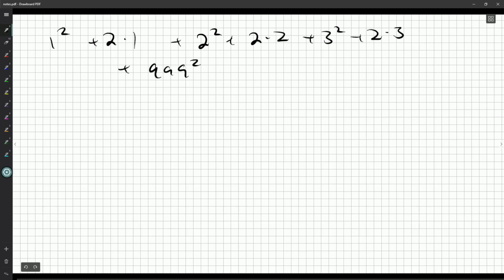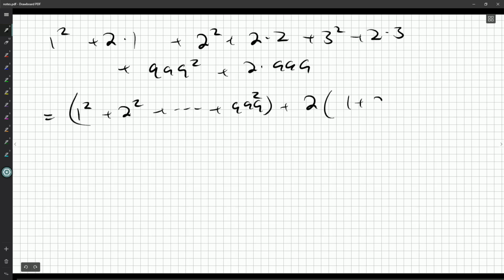Okay, but that's this expression here. And then the last one we need to do is 1 squared plus 2 times 1, 2 squared plus 2 times 2, 3 squared plus 2 times 3, all the way up to 999 squared plus 2 times 999. And if I separate that out again, it's the squares, and then take out a factor of 2 times the sum of the natural numbers up to 999.